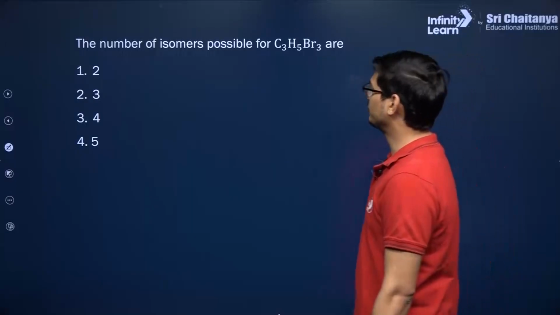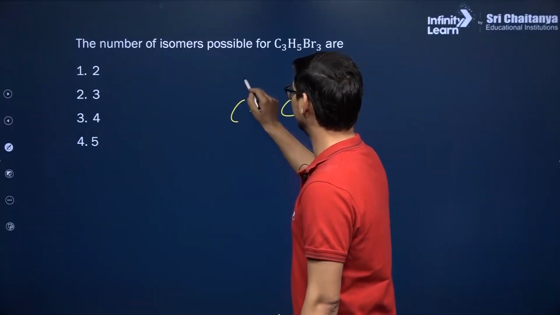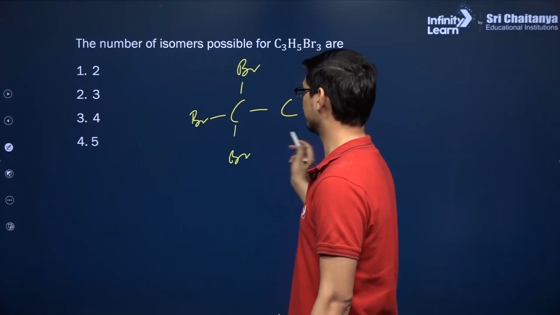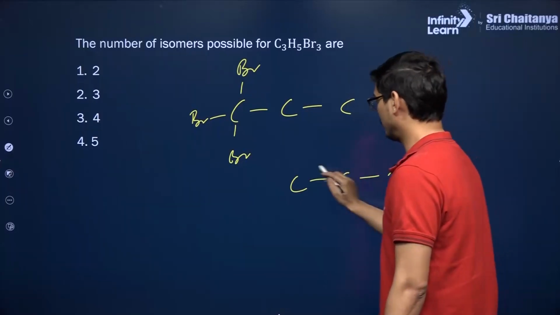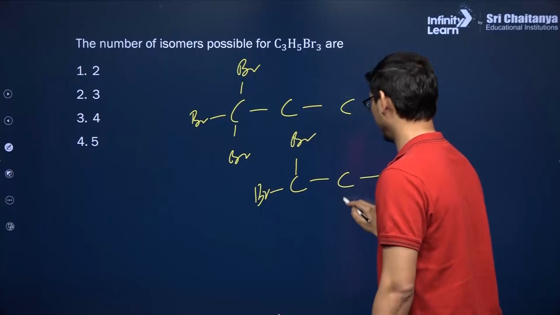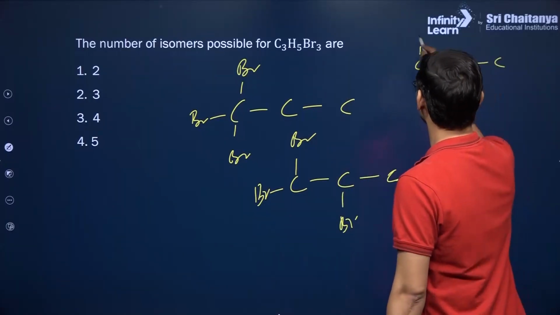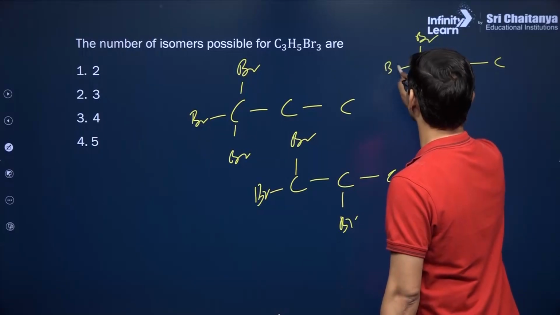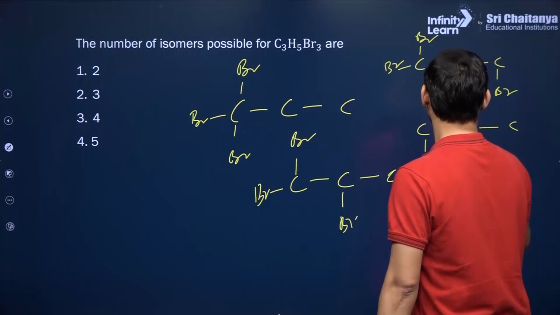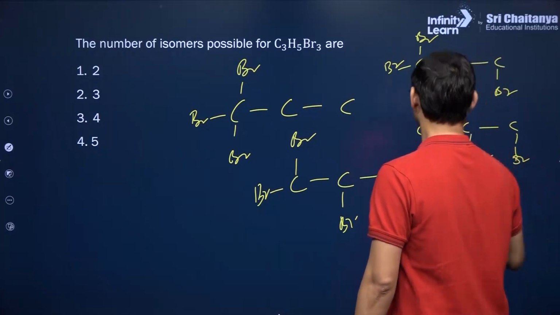Number of possible isomers for C3H5Br3. So you guys can draw the isomers, right? For example, 3Br here, right? Or there are 2Br here and 1 here, right? Or there is 2Br here and 1 here, or there is 1Br on each, right?